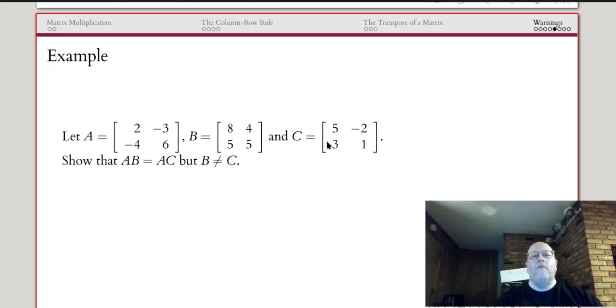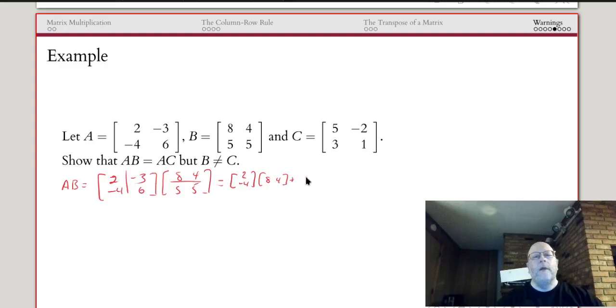I have three matrices here, A, B, and C. If I multiply A times B, we get [2, -3; -4, 6] multiplied by [8, 4; 5, 5]. Columns and rows, so that's [2, -4] times [8, 4], plus [-3, 6] times [5, 5].